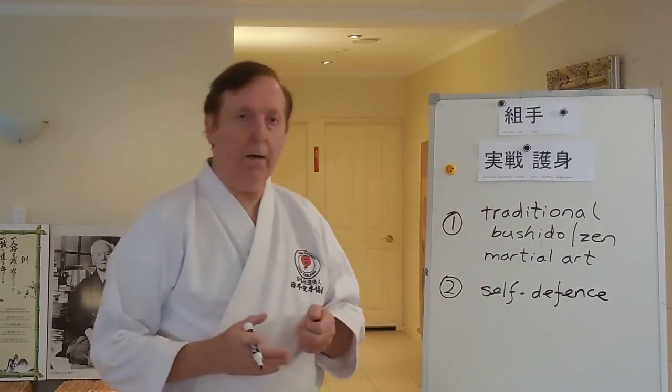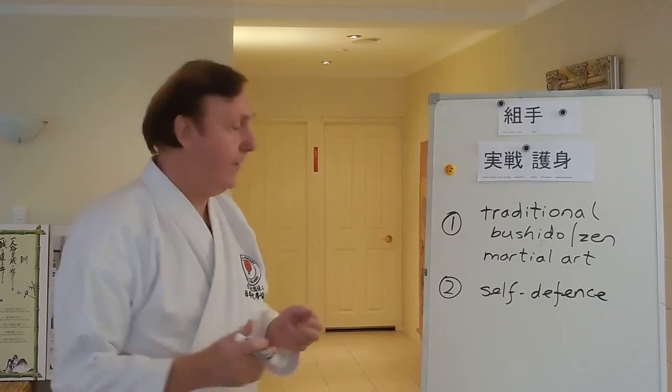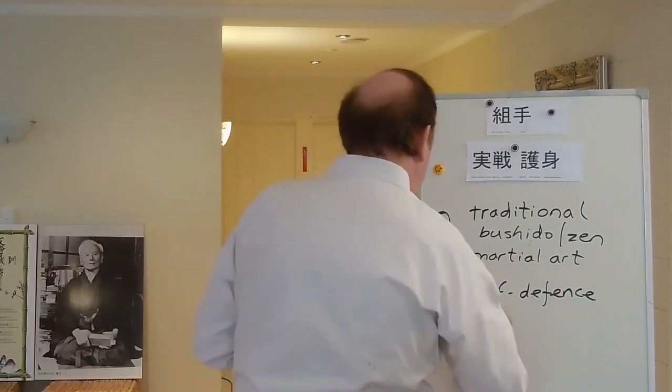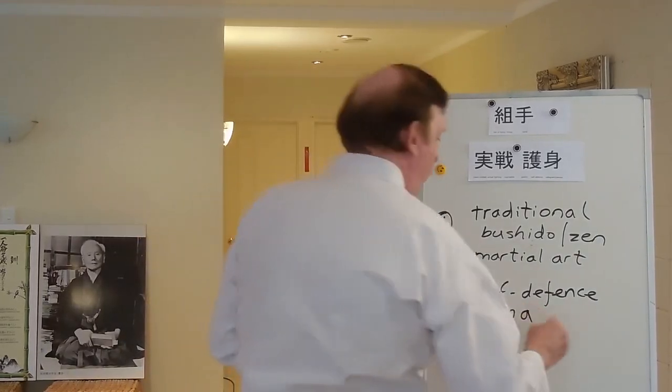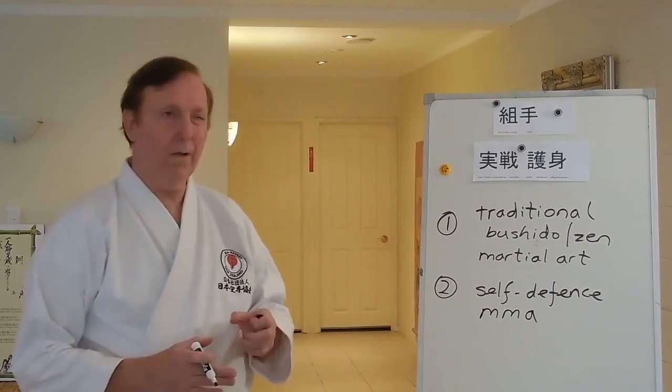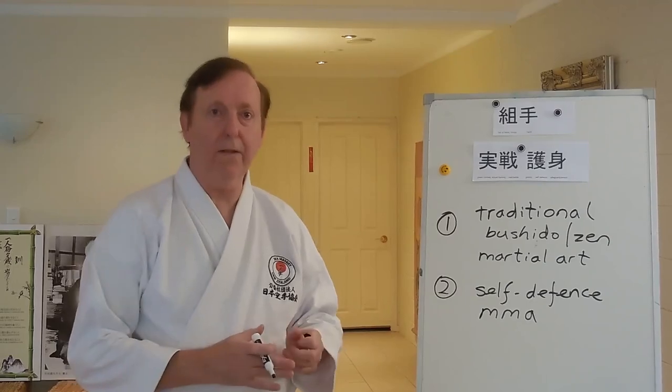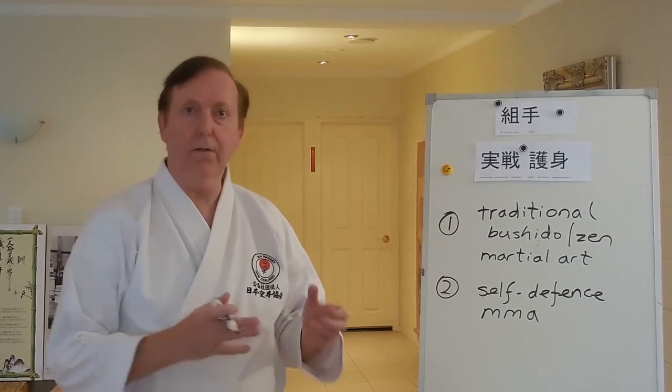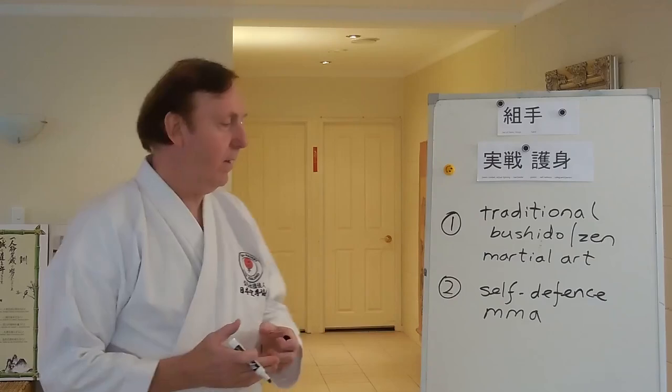And competitive sparring, such as MMA and the various other wrestling and all sorts of other things that come into other forms of kumite, which are similar to or based on martial arts, karate, judo, aikido, and various other things.